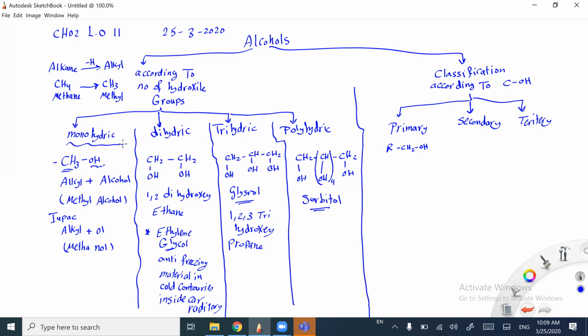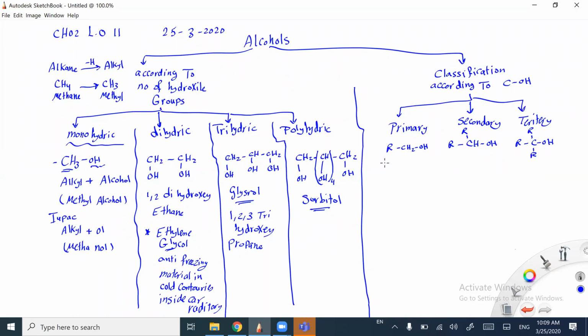Alcohols that contain one hydroxyl group are classified into three types: primary, secondary, and tertiary. Secondary is CHOH attached to two alkyl groups. Tertiary is COH attached to three alkyl groups.